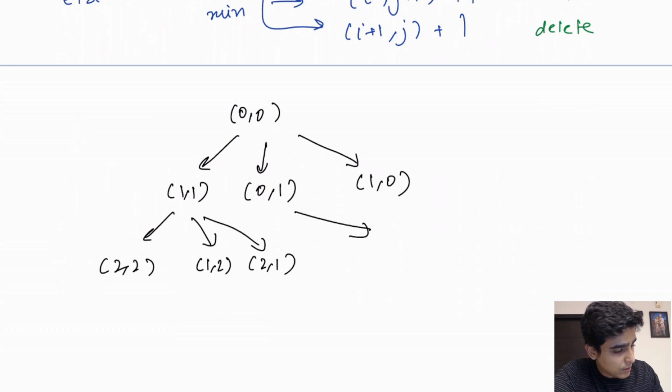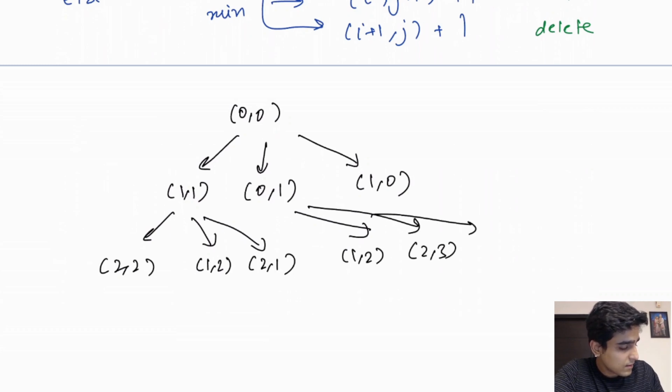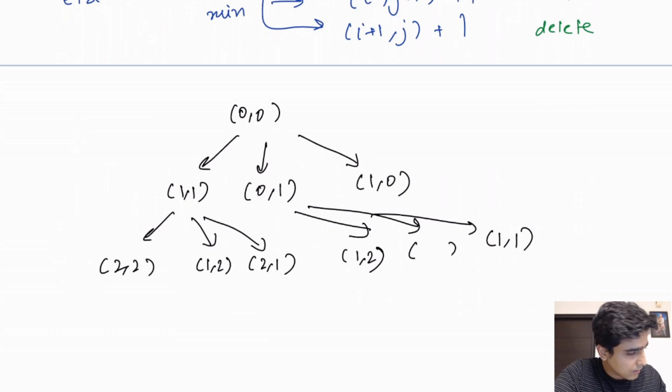From 0 1 you can go to 1 2, 1 1, and this is actually 0 2.